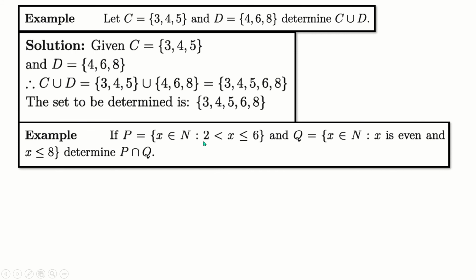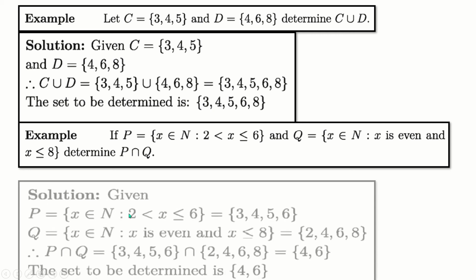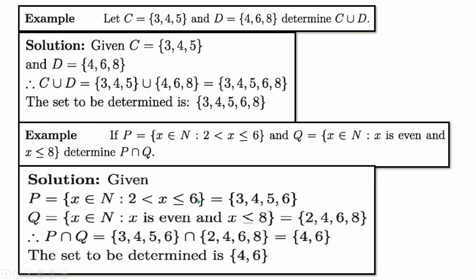Given a set P is equal to this and Q is equal to this, that are given in the set builder method. Now convert this into tabular method. Now follow the solution. P is equal to this, you can write 3 4 5 6.